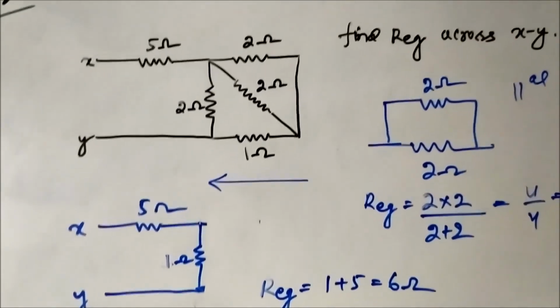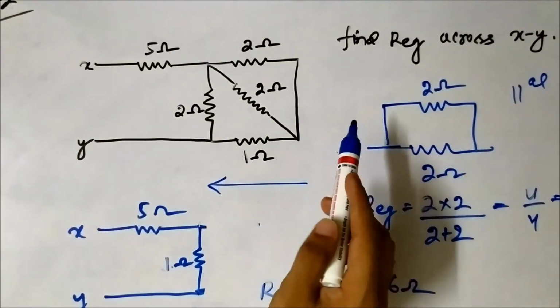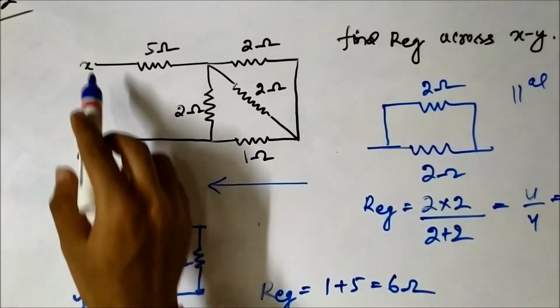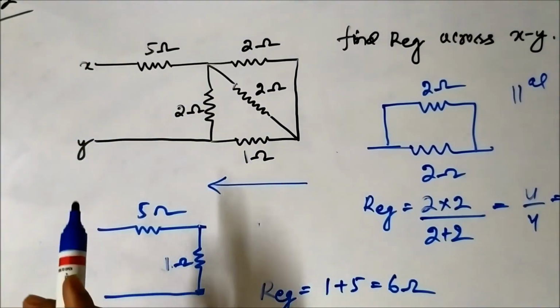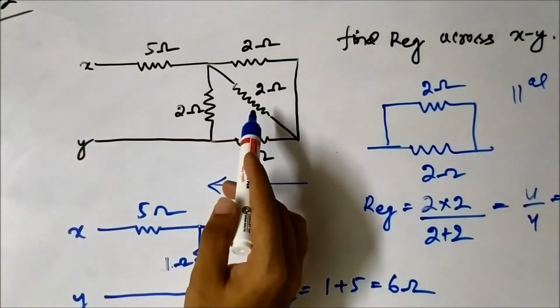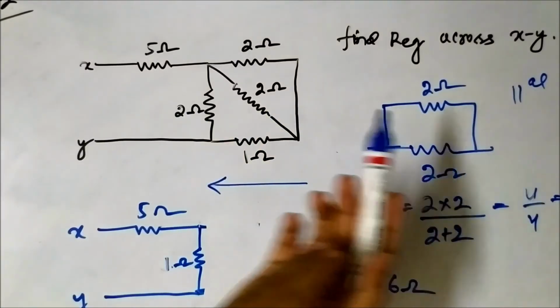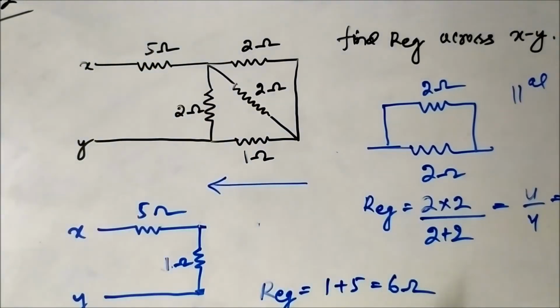So in these type of circuits, the approach should be that you start from one end, preferably the end opposite to the end across which you have to calculate the equivalent resistance. Don't move from this side to this side, it can create confusion. Always move from the opposite end towards the two ends across which you have to determine the equivalent resistance.